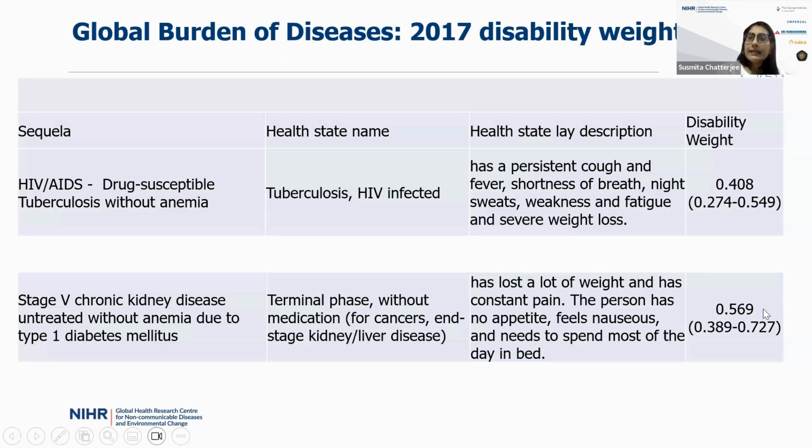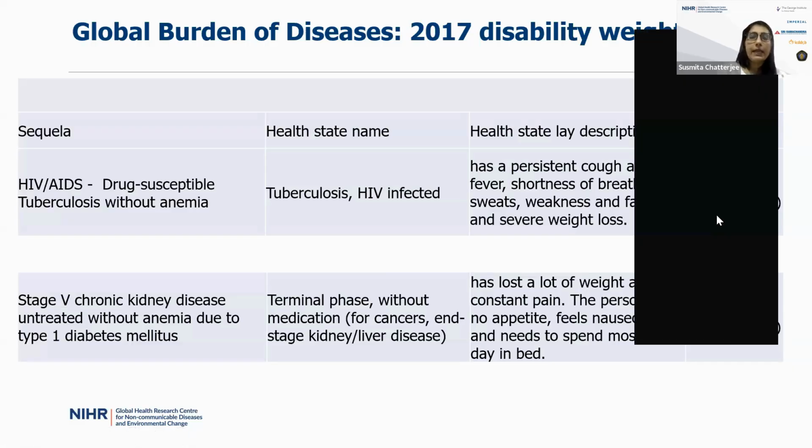That means it is expected that terminal chronic kidney disease has a higher disability compared to TB with HIV. Okay, HIV with treatment, it's not like without treatment. So this is how you will get all the different conditions.